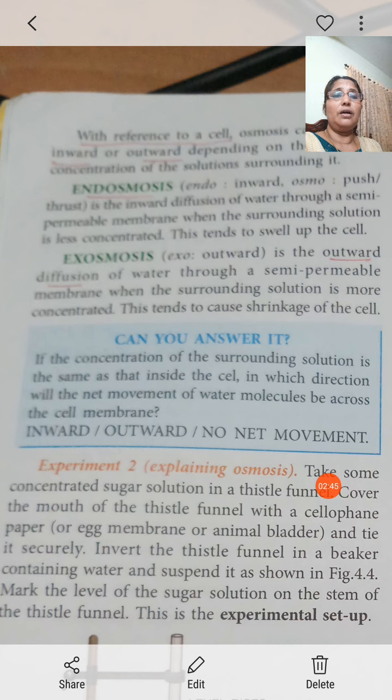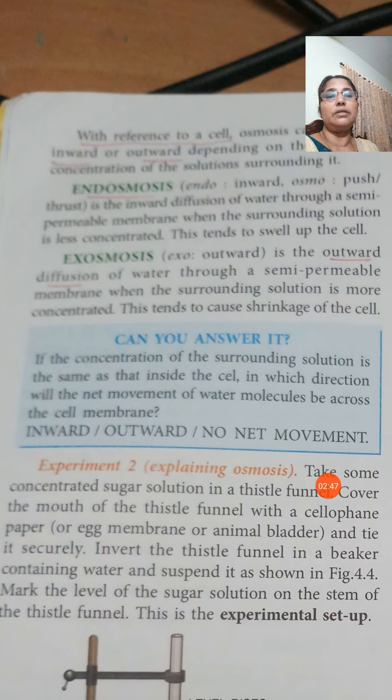Exosmosis also takes place when we put too much fertilizer around the roots of plants, especially in summer, or if we do not water the plant properly.